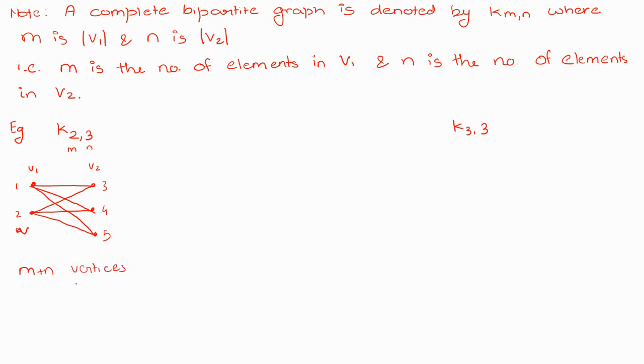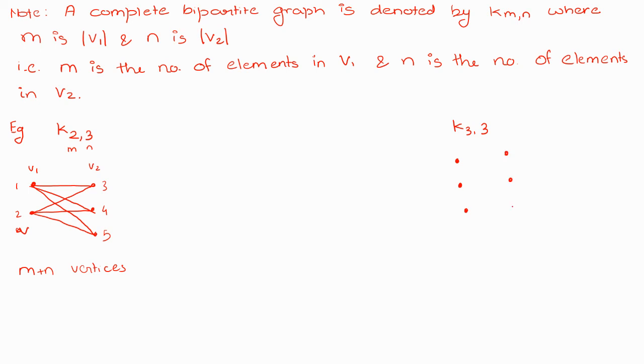Now, similarly, what is a K(3,3) graph? We have understood that K refers to the complete bipartite graph, and three are the elements in V1 and V2.